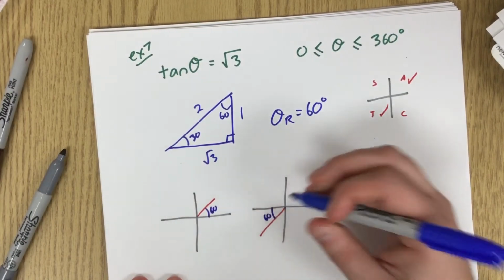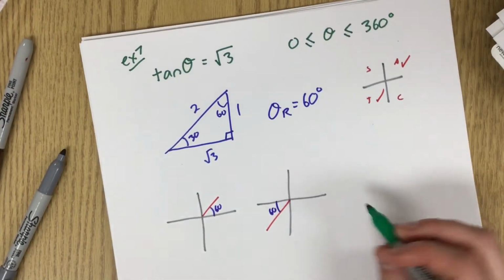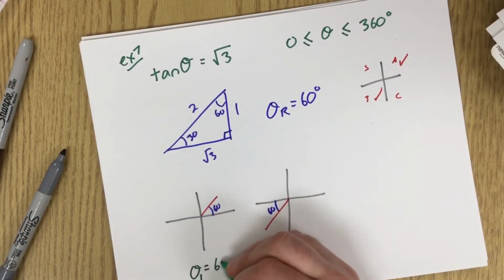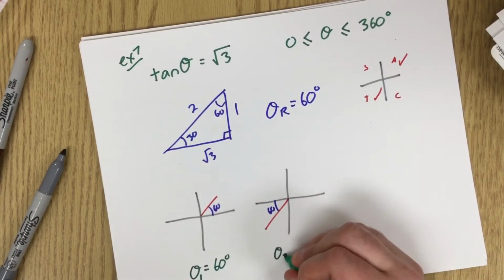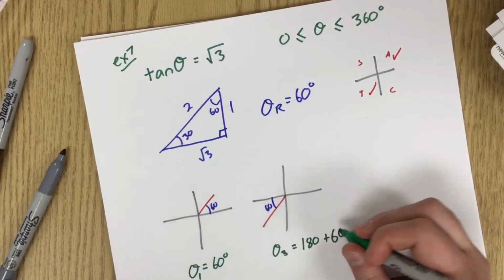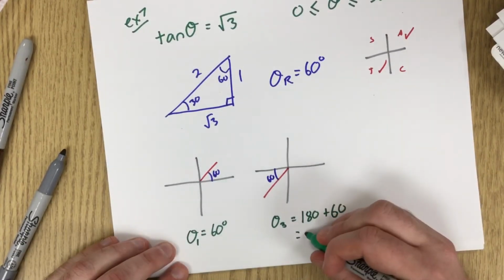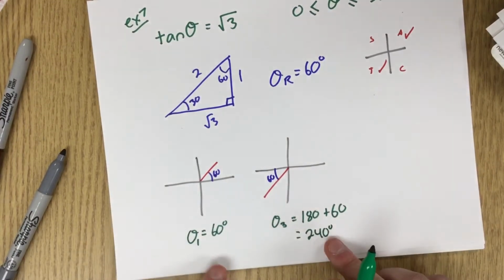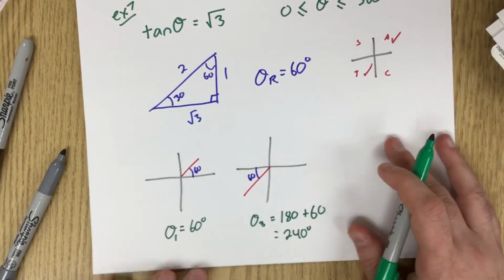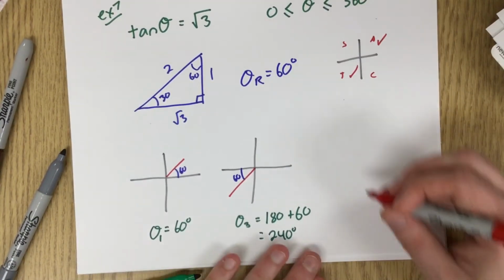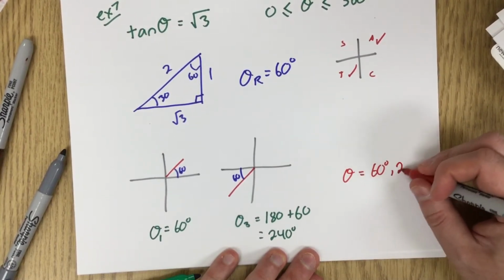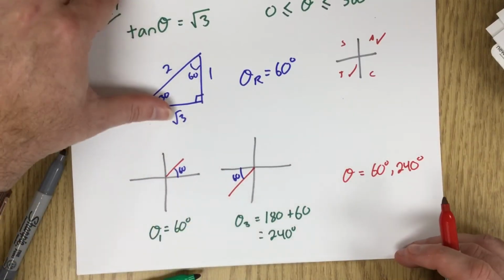Since it's quadrant 1, the answer is just 60 degrees. In quadrant 3, we do the 180 plus the 60, which is going to be 240 degrees. And we're not going to have any coterminal answers here because we only want answers between 0 and 360. So our final answer is that theta is 60 degrees or 240 degrees. And that's it.